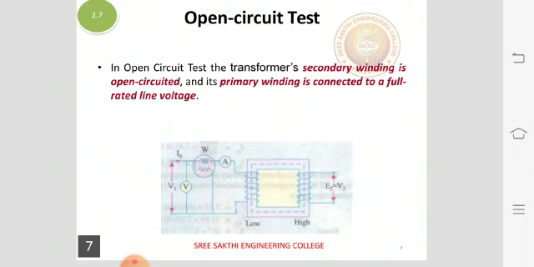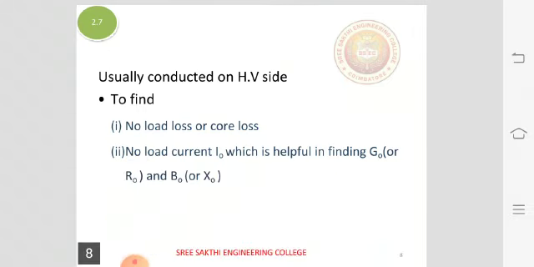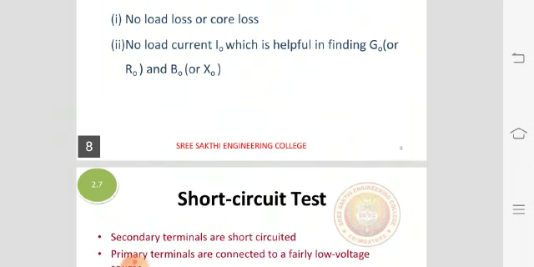In open circuit test, the secondary winding is open circuited and the primary winding is connected to the full load line voltage. It is usually conducted on the high voltage side to find, number 1, no load loss or core loss, and number 2, no load current I0, which is helpful in finding G0 or B0 and B0 or X0.